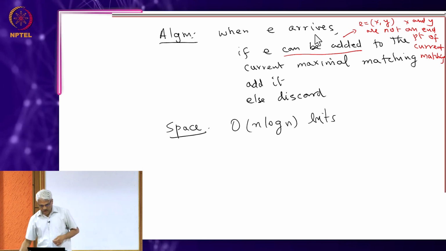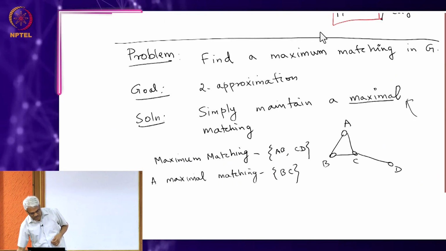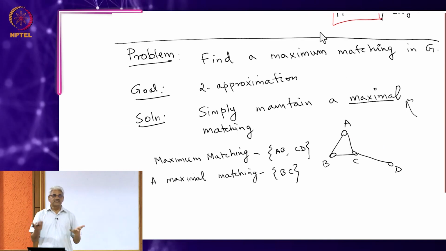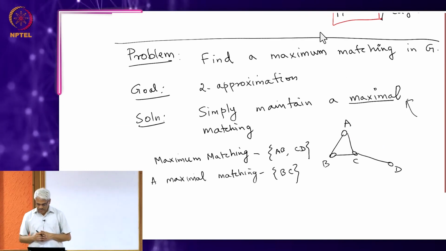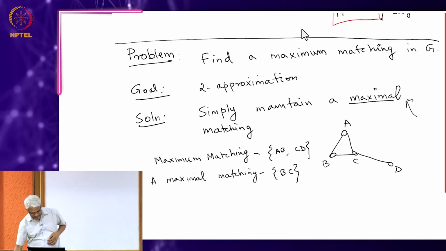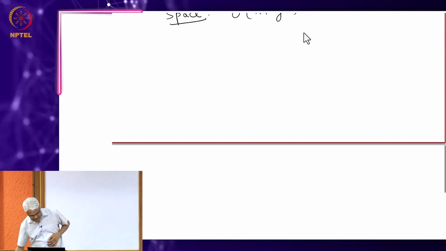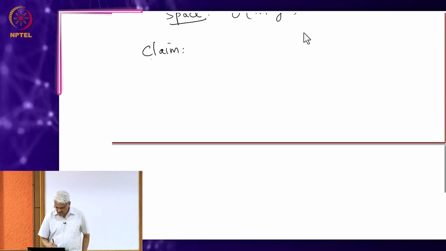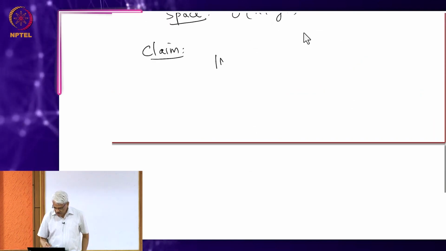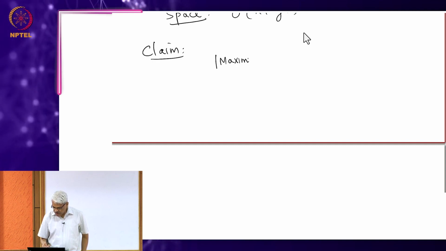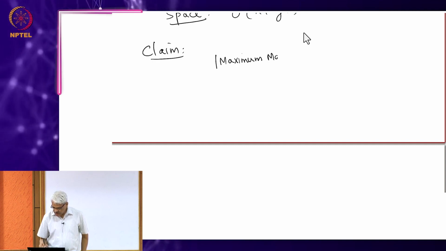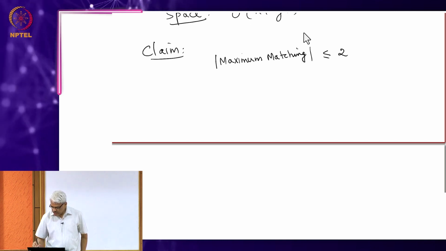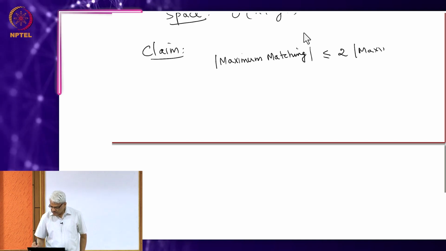Okay, fine. I really wanted a maximum matching and you created a maximal matching. What is the connection? The claim is that the maximum matching is at most 2 times the maximal matching.